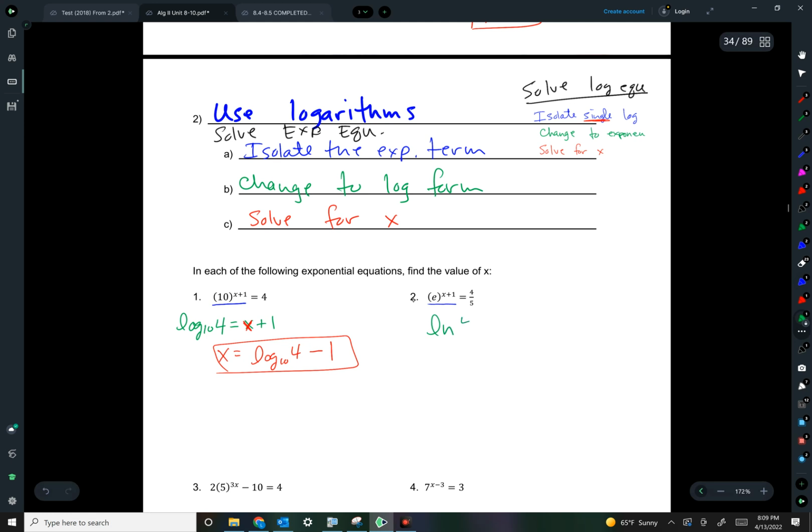So natural log of the answer, and remember the log always equals the exponent, so equals x plus 1. And again, natural log of 4/5, that's just a number. If I'm trying to solve for x, I'm trying to get x by itself, so just subtract 1. So x is going to equal the natural log of 4/5, and then whatever that is, minus 1.